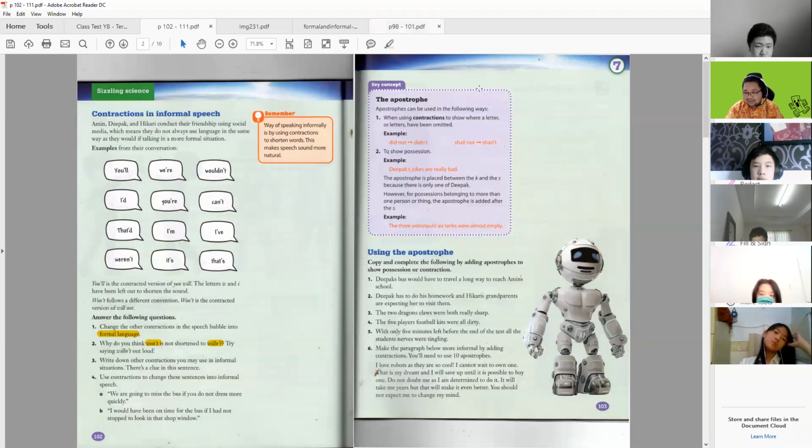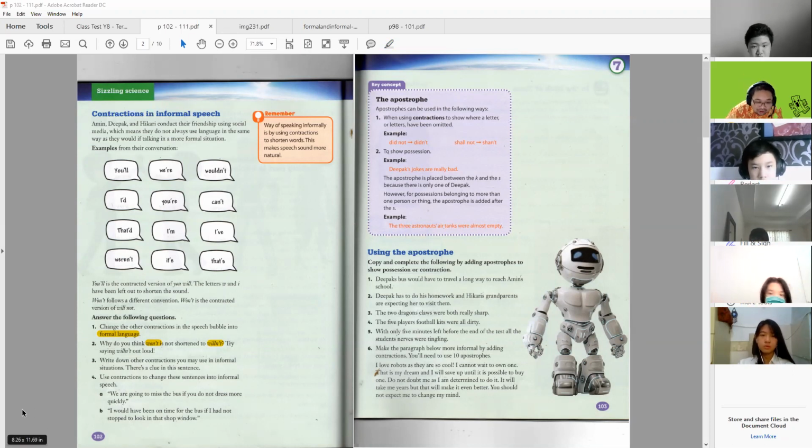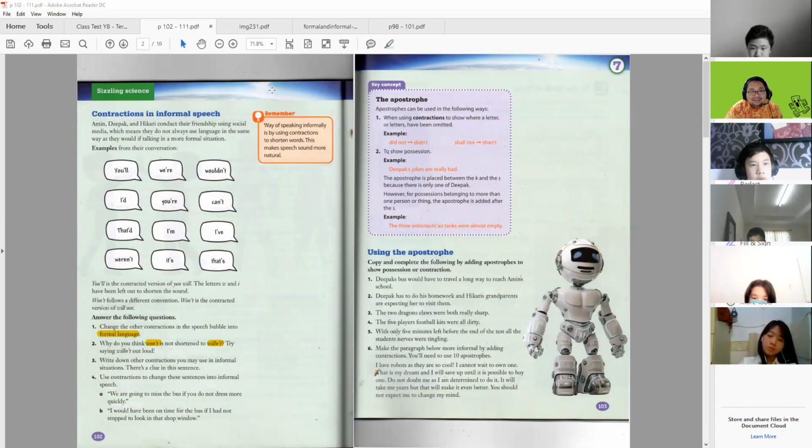Okay, try. Everybody try to look for that information. Why does will not become won't?